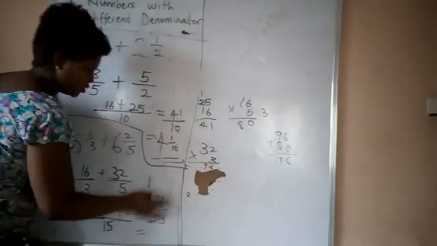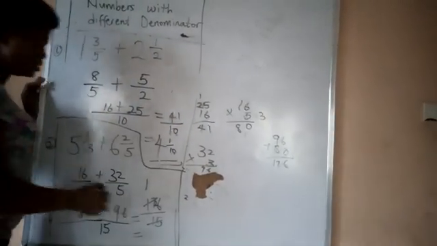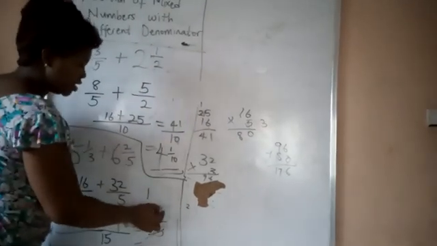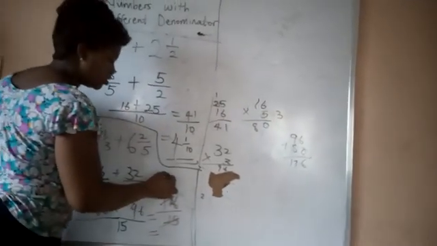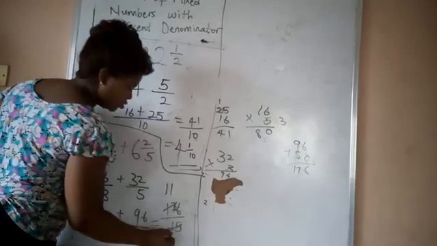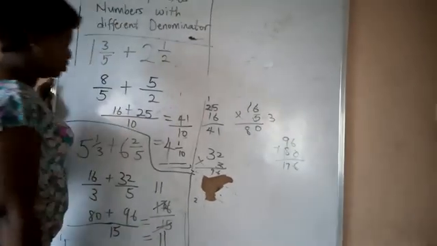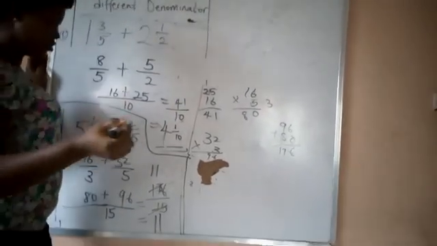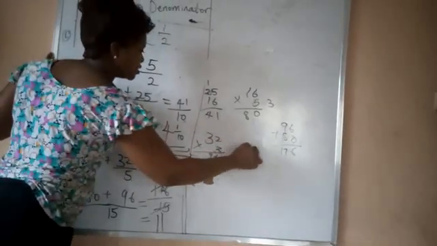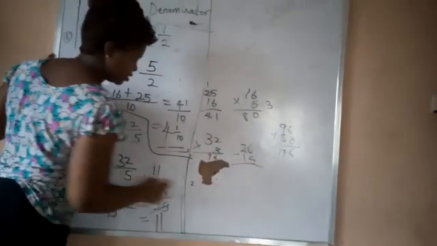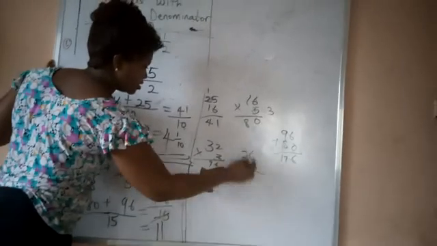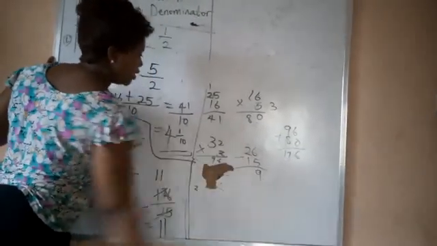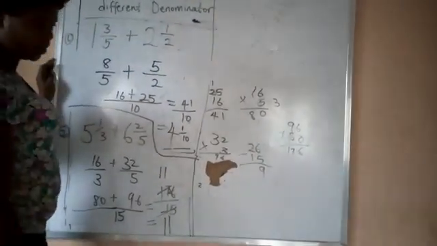Put your 2 near your 6 and that gives you 26. How many 15s will you see in 26? It's still going to be 1, right? So you have 11 whole number. What will be left, you can just say 26 minus 15, because you could find 1 in 26. That will leave you with 9.